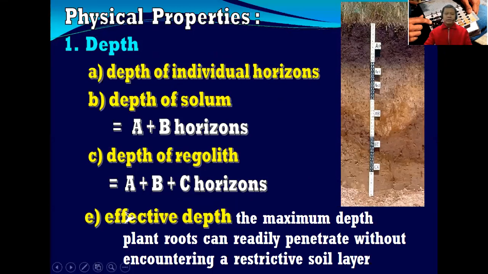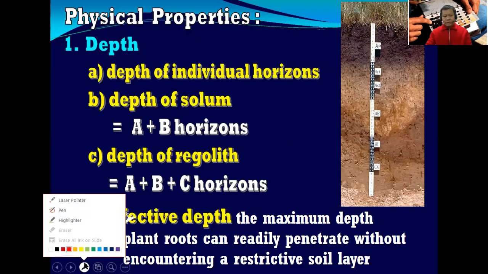One of the physical properties is the depth. We're talking about the depth of the soil profile. If we look at this soil profile, so let me have the pointer first.